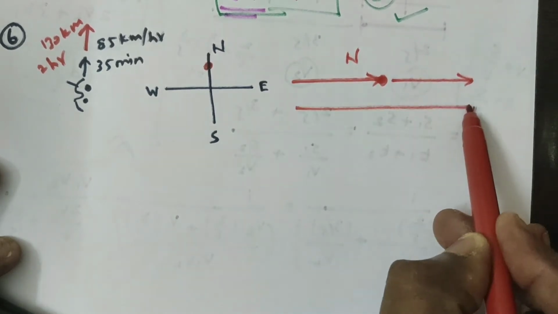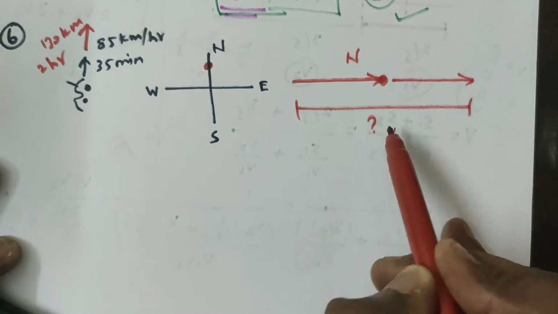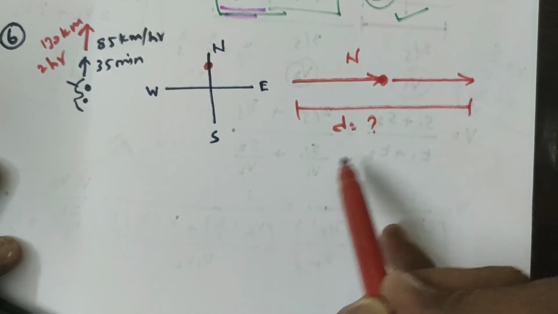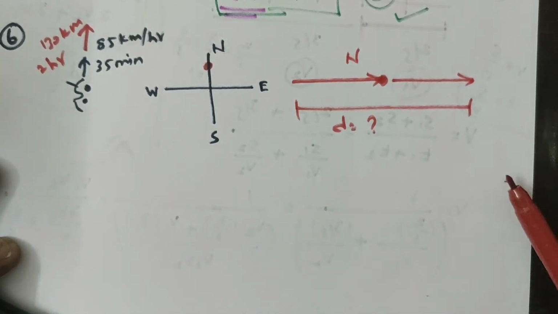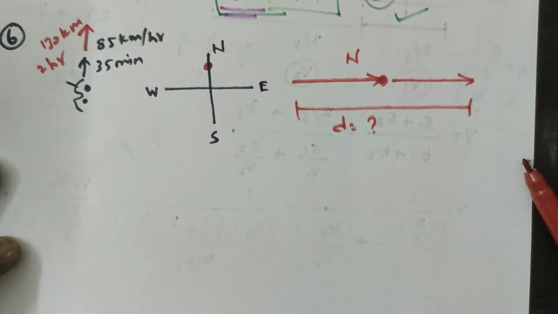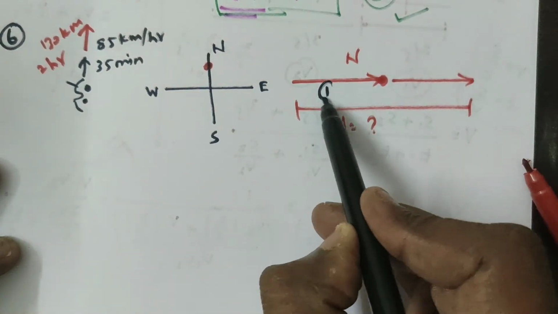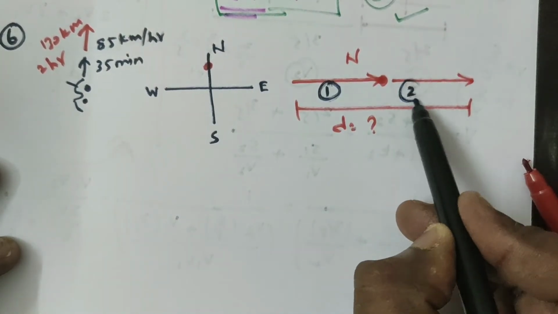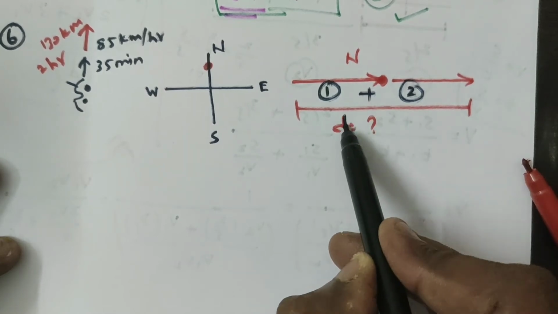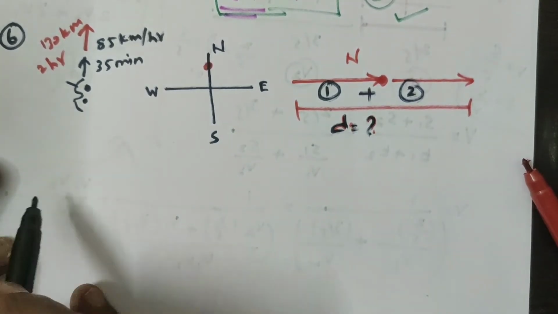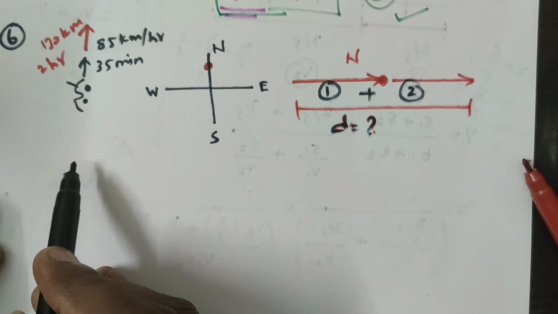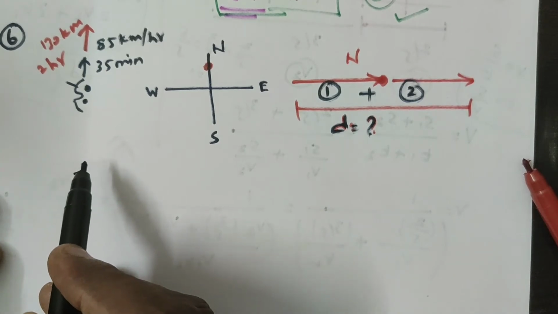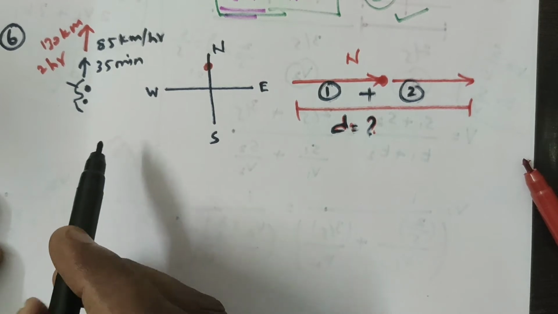So the total displacement is asked. So first we find the first displacement, then the second displacement, then we add them to get the total displacement. First they said 35 minutes traveling, the speed is 85 km per hour.